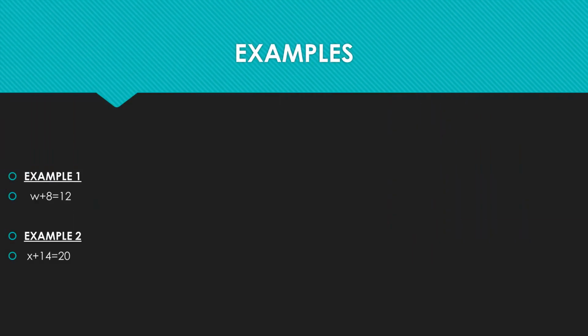Now, when we are dealing with the algebra class, especially this subtopic, finding the value of the unknown, there are some few things that you as a learner have to understand. Number one, we have got the mathematics signs that we use, and the signs have got plus and we have minus.